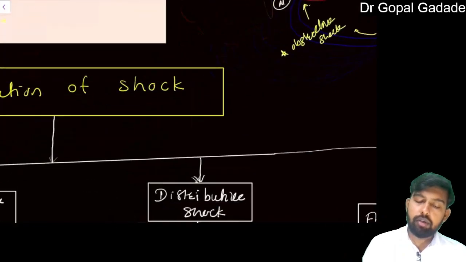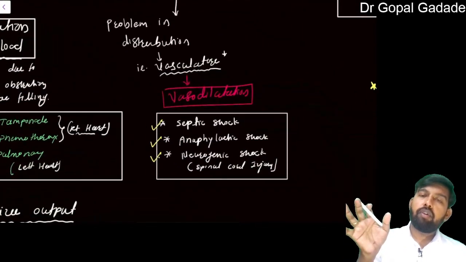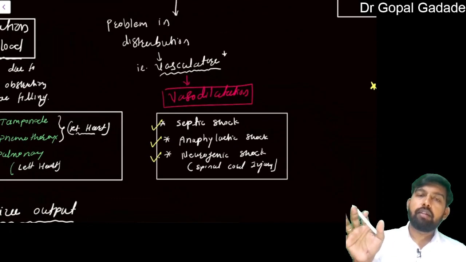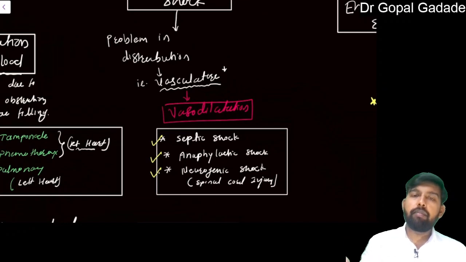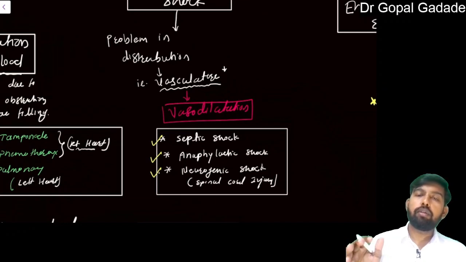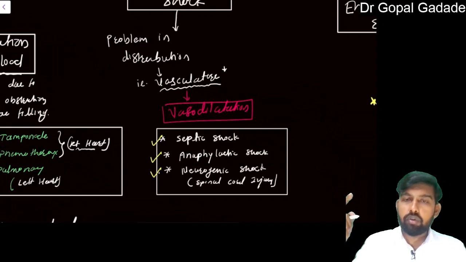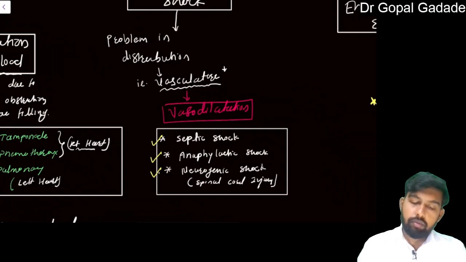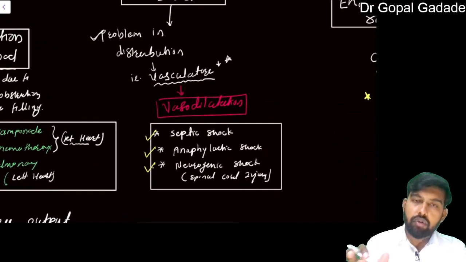So this is because of the problem in the peripheral vasculature. That is, there is a systemic vasodilatation. So blood remains in the veins or venules, and that does not go towards the cell. So this is a problem in the distribution, due to a problem at the vascular level.